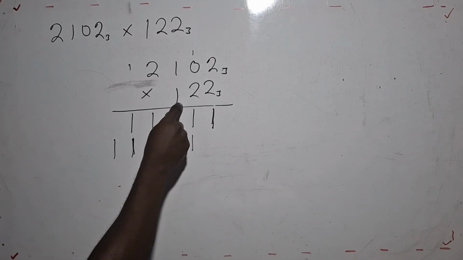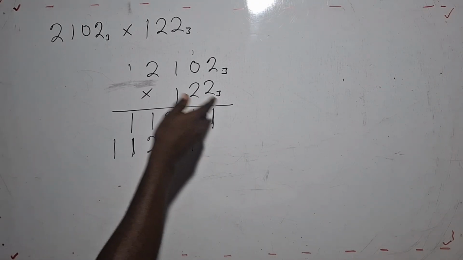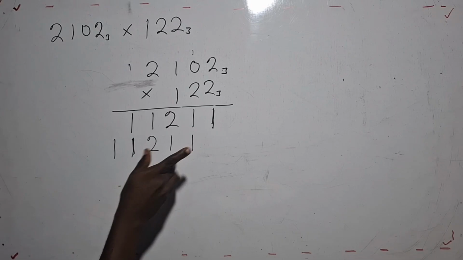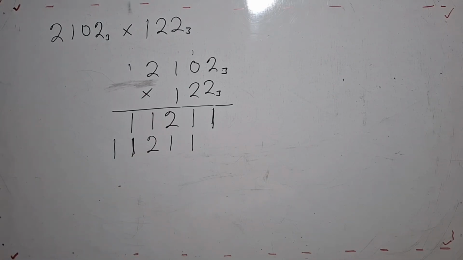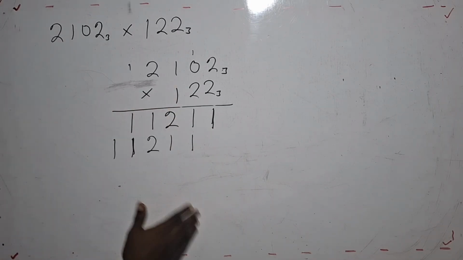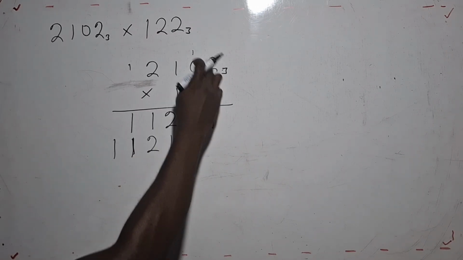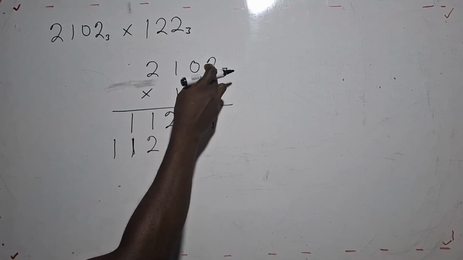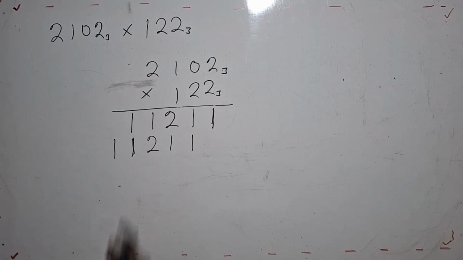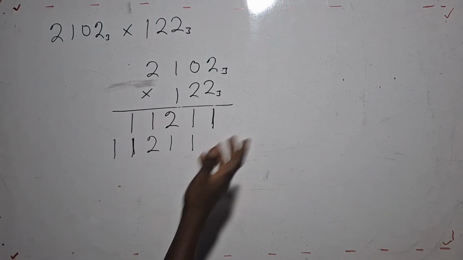Now we are moving to the third number. So our answer is going to start from the third number from here. So know how to arrange the numbers. It's also very, very important. So 1 times 2 is 2. It's needed in base 3. Yes, 2 is accepted in base 3.